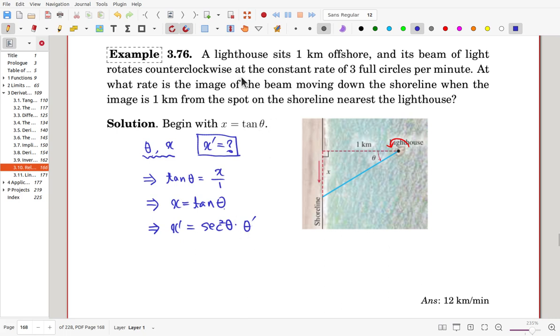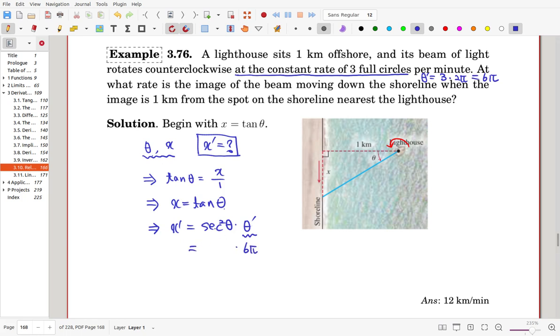Let's look at the problem again. Its beam of light rotates counterclockwise at a constant rate of 3 full circles, which means theta prime equals 3 circles. One circle is 2 pi, so 3 times 2 pi must be 6 pi. We got that portion: 6 pi.